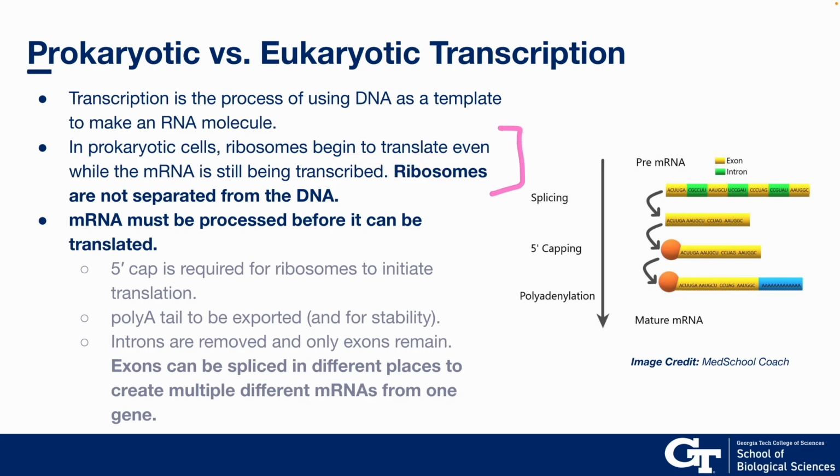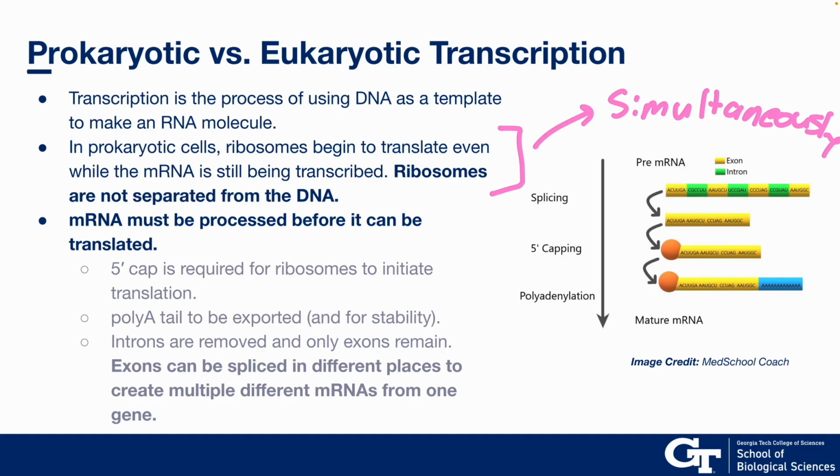So in prokaryotes, transcription and translation occur simultaneously, because everything's floating around. As soon as the first mRNA gets made, a ribosome can bind and begin translating it.